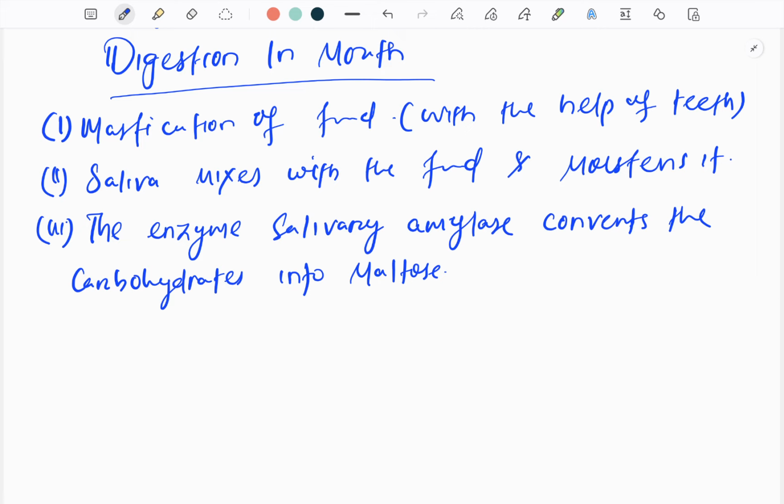So salivary amylase converts carbohydrates into maltose molecules.